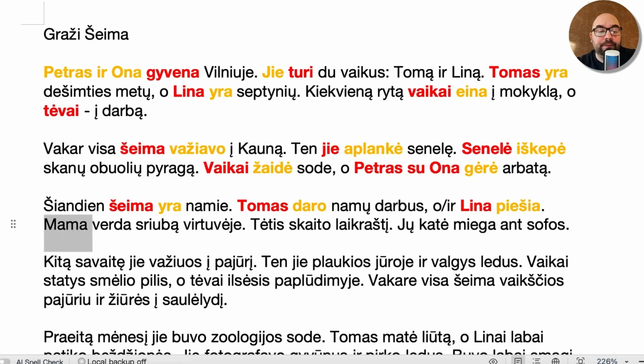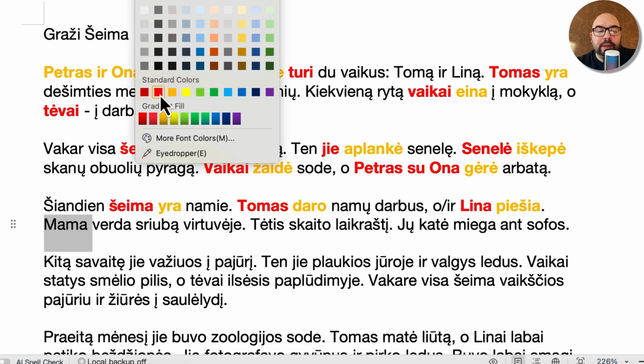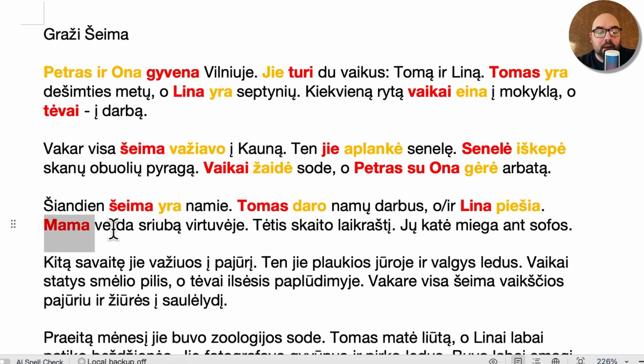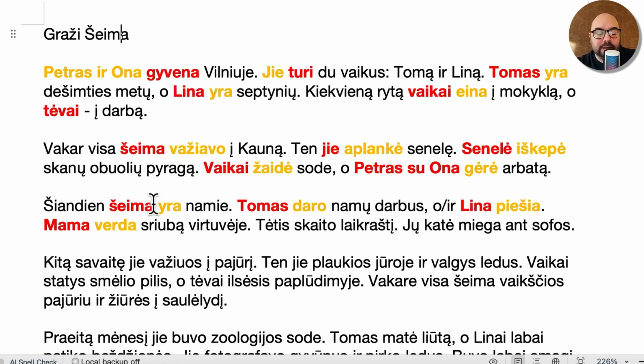So mom is, well, in English you would say she's making soup in the kitchen, but verda, the word virti, right? If we want to say the infinitive, it means to boil. So she's boiling soup in the kitchen. In Lithuanian language, we boil. If you're actually boiling something, then you say you're boiling it, right? And that's the word you're using. You're not using making.